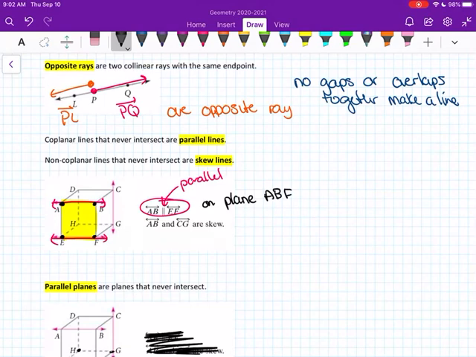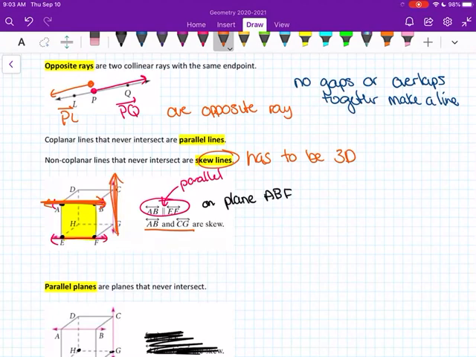Doesn't matter. Now when I talk about skew, skew has to be in three dimensions, okay? So we have to be 3D. All right, so my skew lines here, they picked AB and CG. So AB is once again this top line here, and CG is this line here.